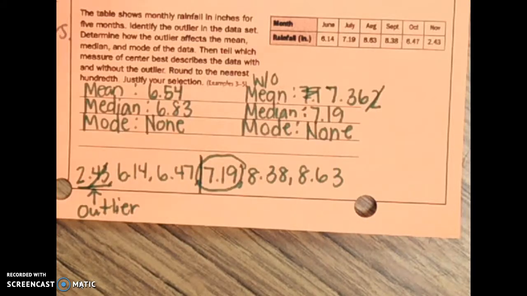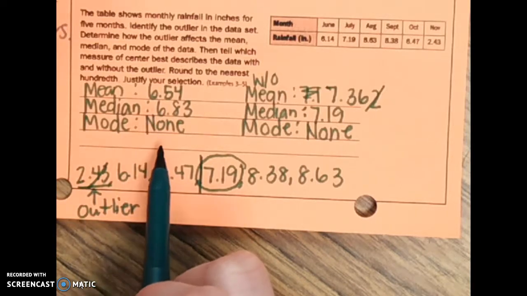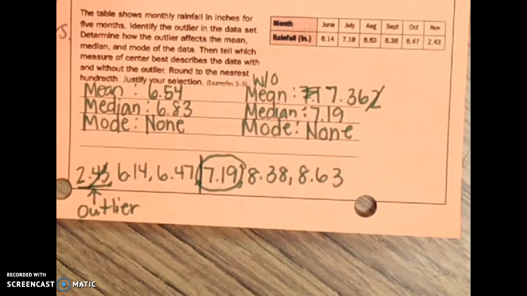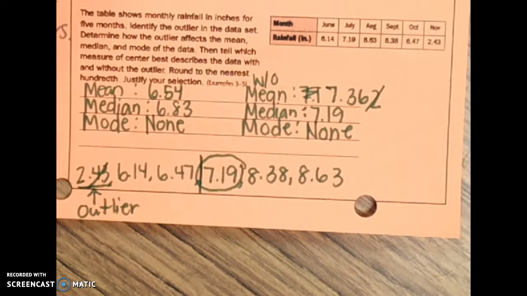Now we're going to justify our selection, or tell which one works better. If we look here, the mean is 6.54 with the outlier, 7.36 without. The median is 6.83 with, and 7.19 without.